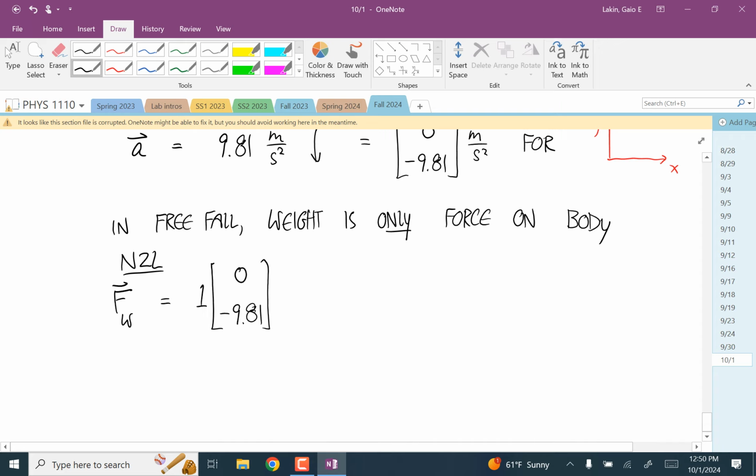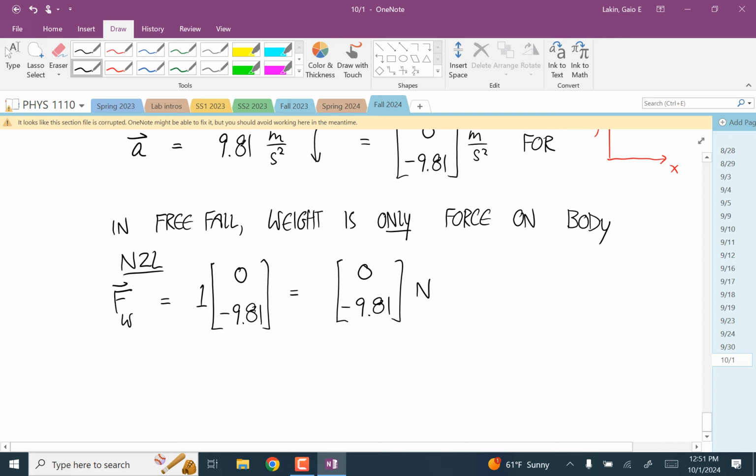And if you multiply the 1 by this vector, you get a force vector that's equal to 0 for x, negative 9.81 for y, and you have units of newtons. Okay, so gravity applied a force of 9.81 newtons downward to this 1 kilogram object.